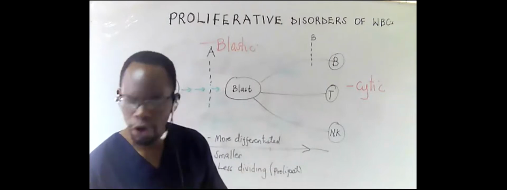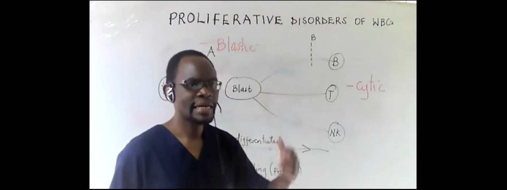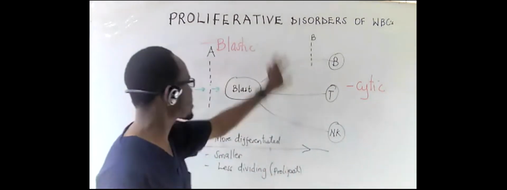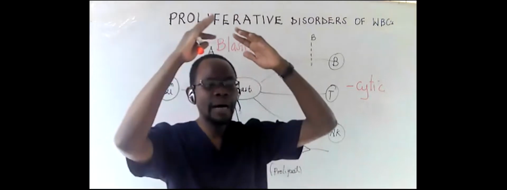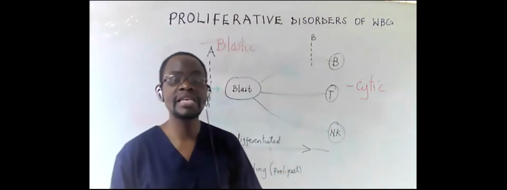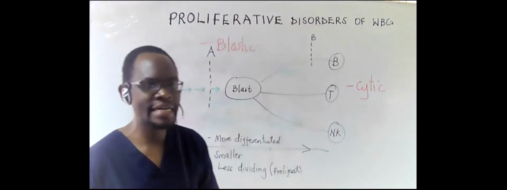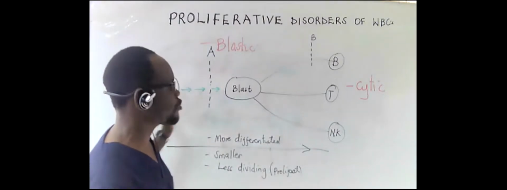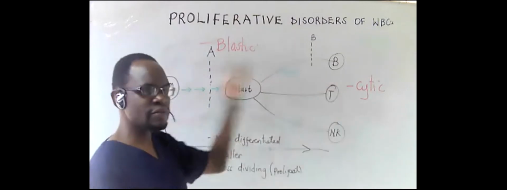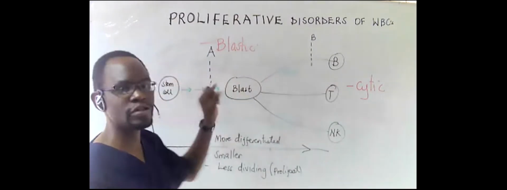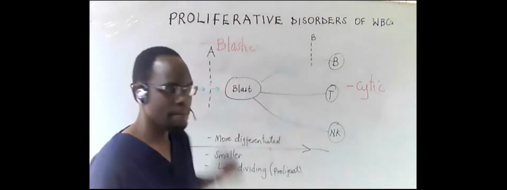Now, the point to take home here is that you need to understand the development of these cells, and that as you move to this side, the cells become smaller, and when you're on this side, the cells are bigger.